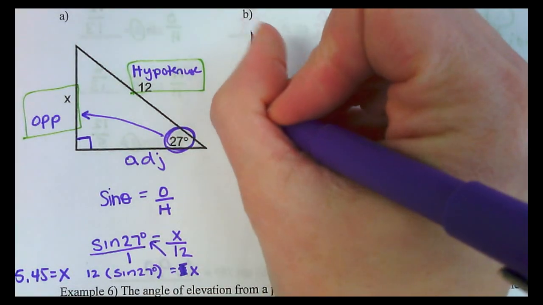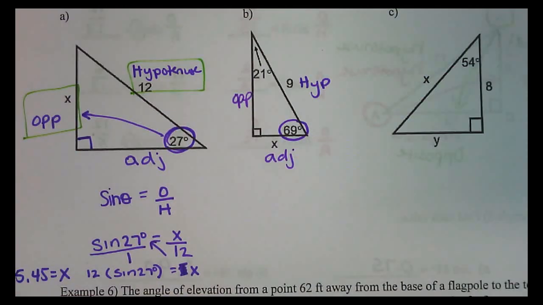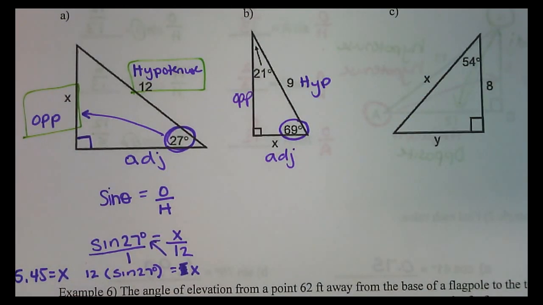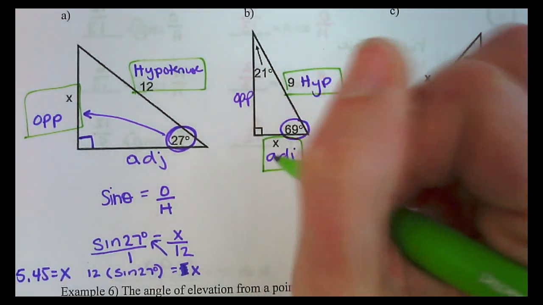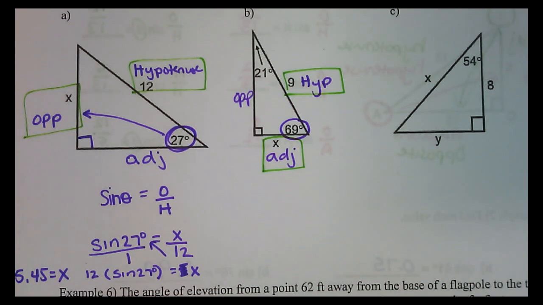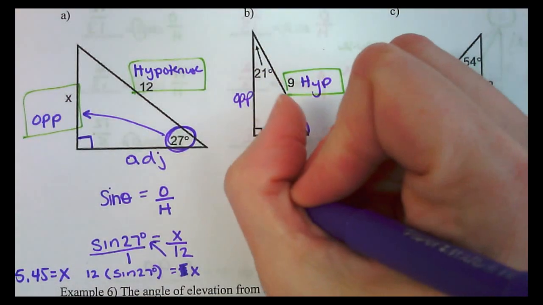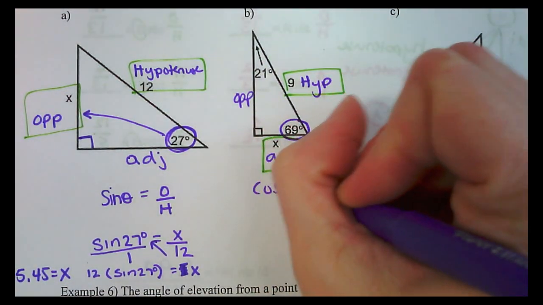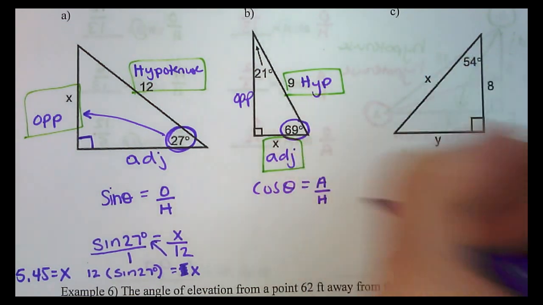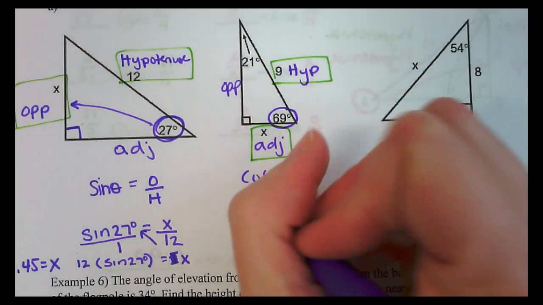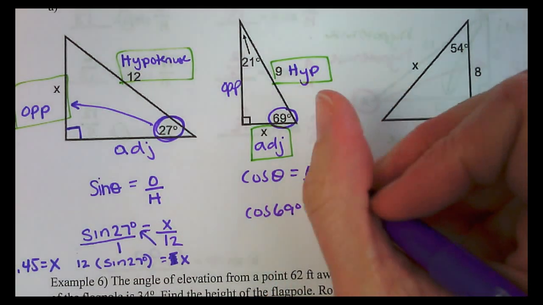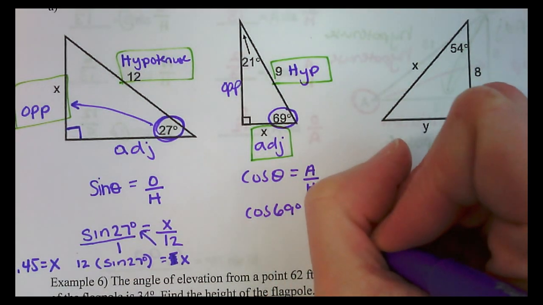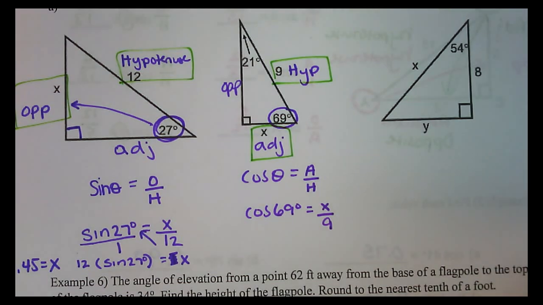This side would be opposite of this angle. I see that I have information here for hypotenuse, and I have information here for adjacent. So adjacent and hypotenuse tells me to use cosine. So I'm going to say the cosine of 69 is x over 9.